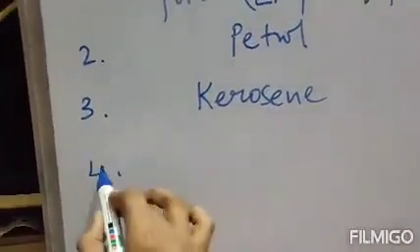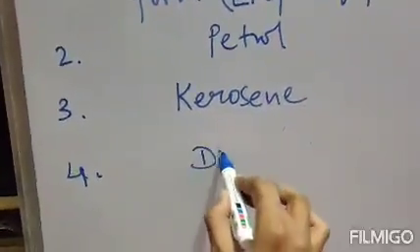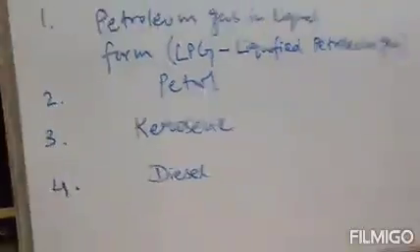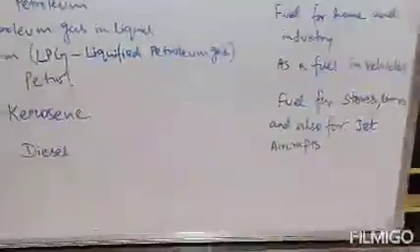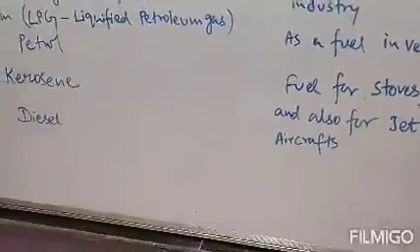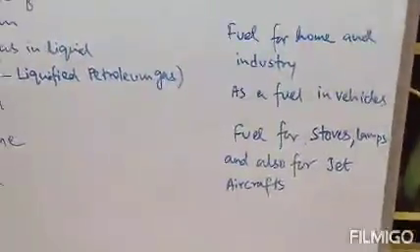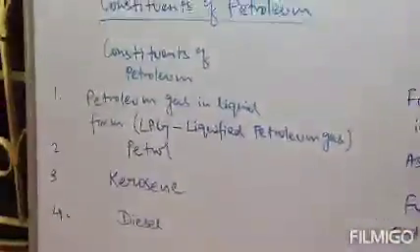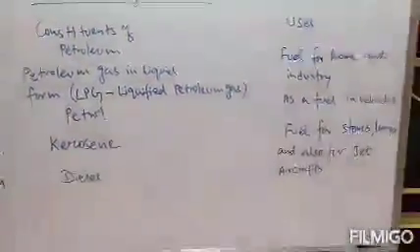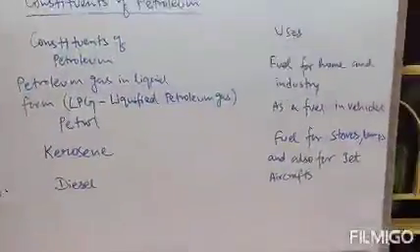Here kerosene is used. The fourth constituent is diesel. This is also used as a fuel in vehicles like petrol. So it is used as fuel for heavy vehicles. Generally petrol is used for light vehicles and diesel is used for heavy vehicles. Clear?